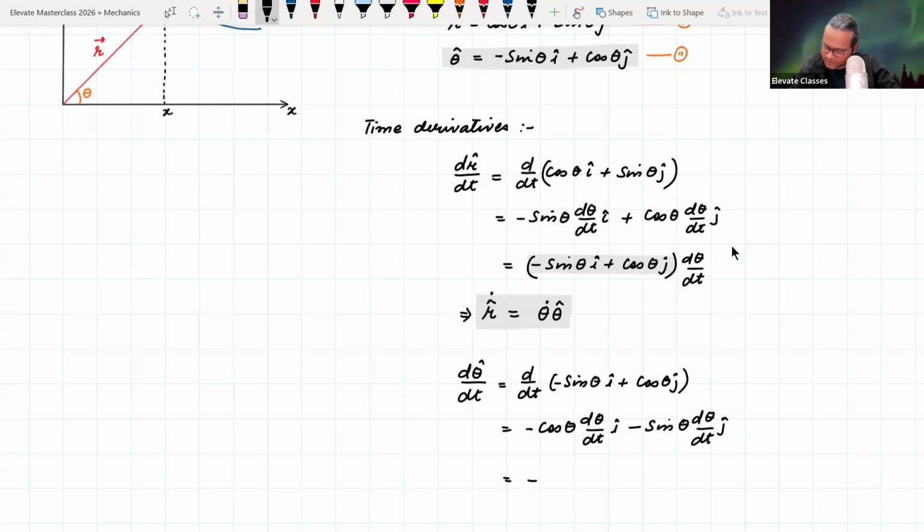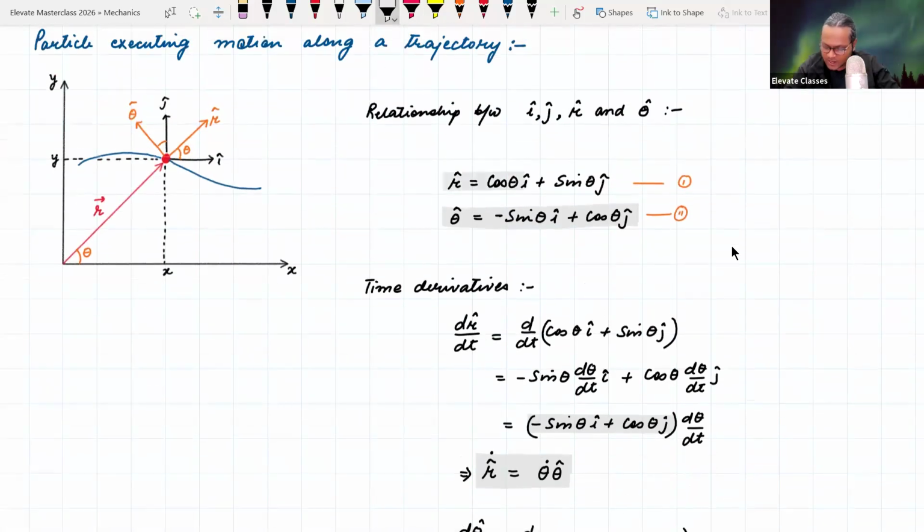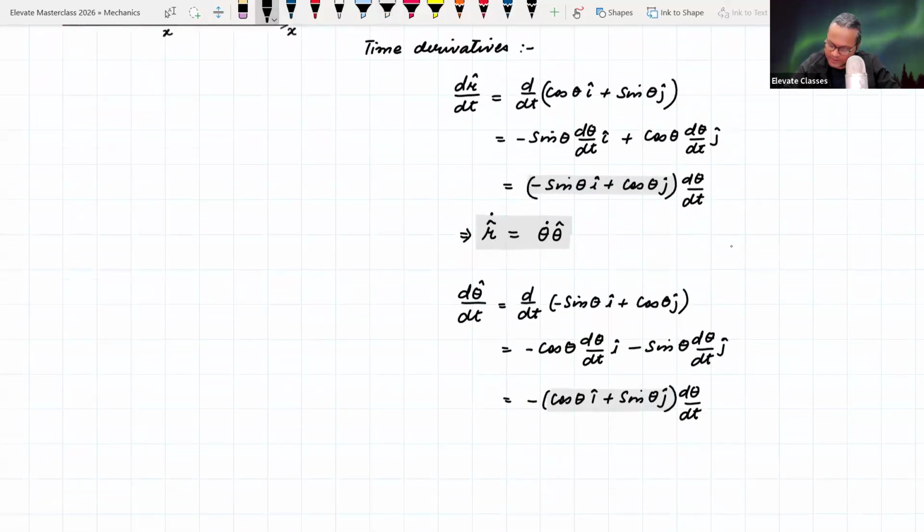So this becomes minus cos theta I cap plus sine theta j cap, times d theta upon dt. What is this cos theta I plus sine theta j? It is nothing but r cap. So if I substitute r cap here, I simply end up getting minus theta dot r cap. So theta cap dot is equal to minus theta dot r cap.